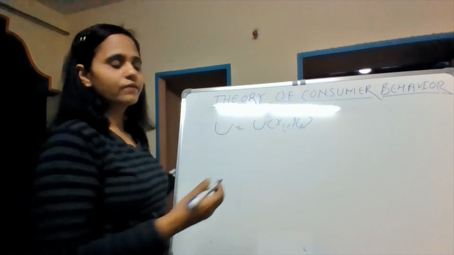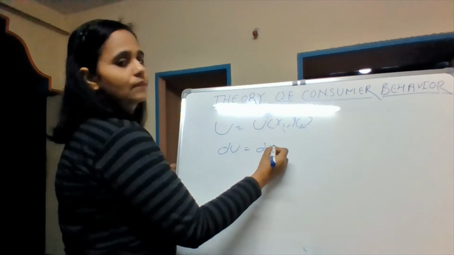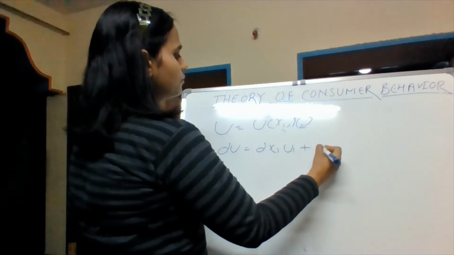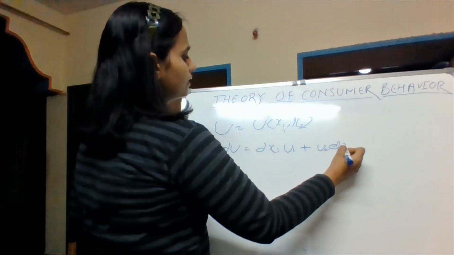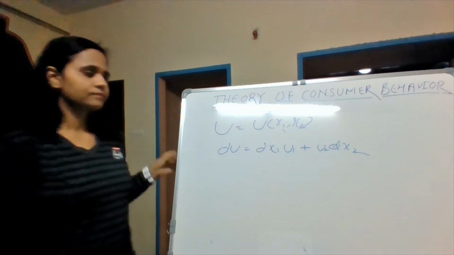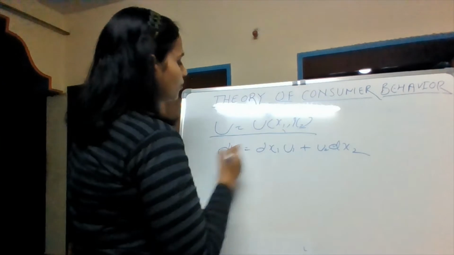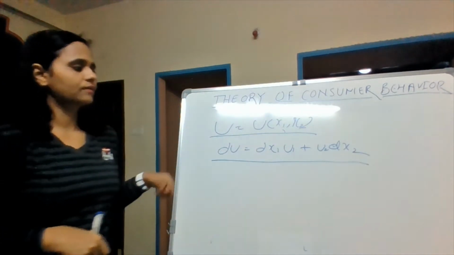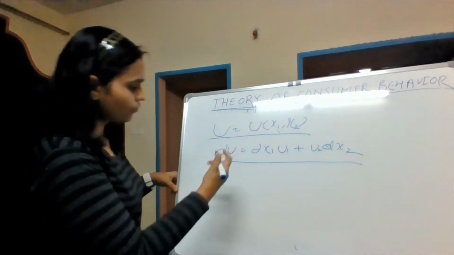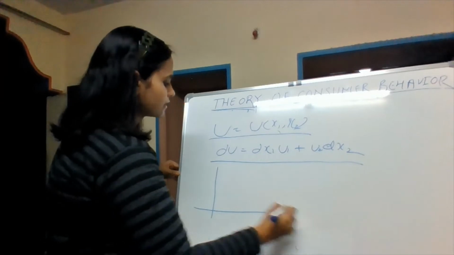By doing the total differentiation, du becomes u1 dx1 plus u2 dx2. Now, I should have gone to the indifference curve before going to this. Before going to that, we'll look a little bit at the indifference curve.